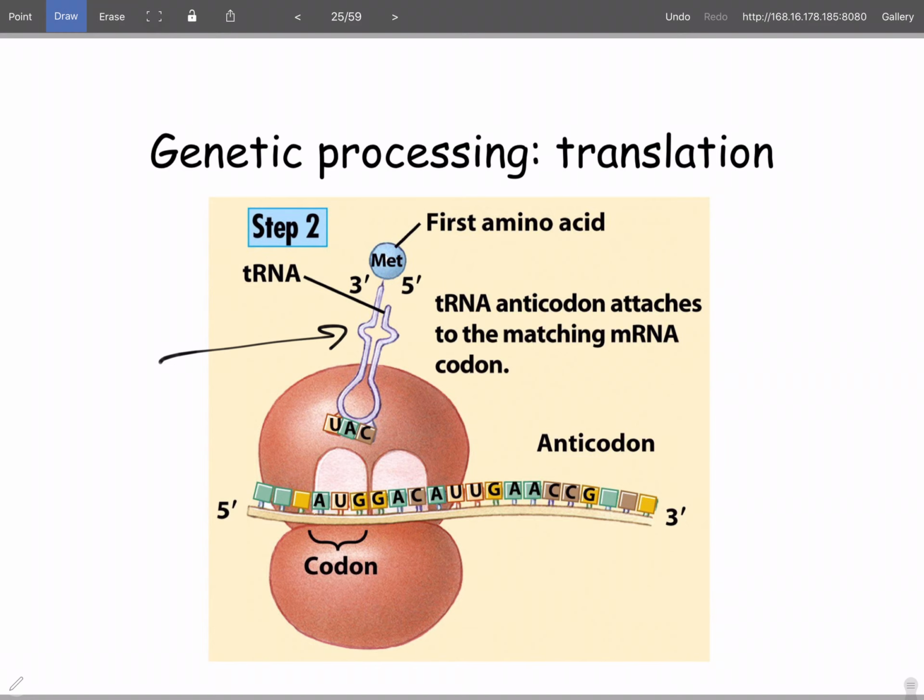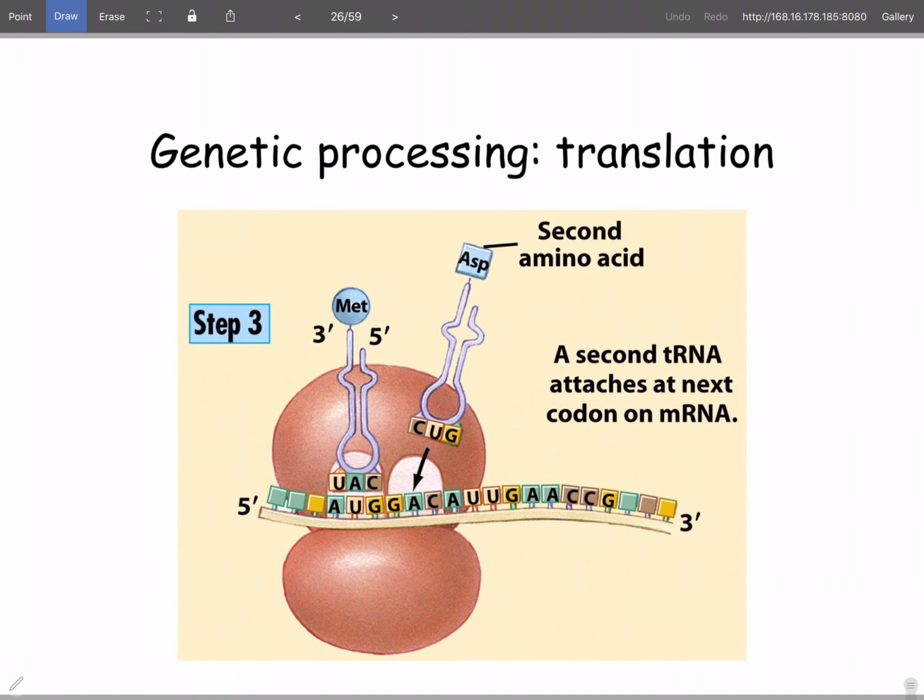Okay, so what will happen is that tRNA diffuses. It will base pair the anticodon sequence with the codon sequence, and then we wait for the diffusion of the second amino acid here, which happens to be the tRNA that's attached to asparagine.